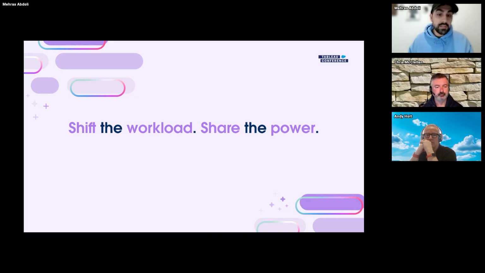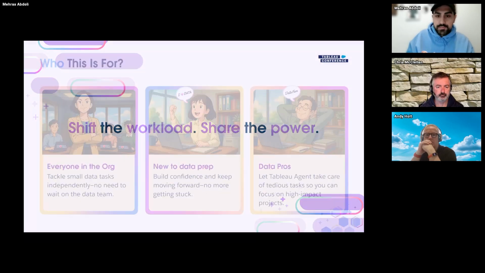Every single person on this call has the power of data, but with the load of requests and demands that your teams have, it's super difficult to catch up. So how do we share the power that we have and shift the workload to them? Obviously, all of this is not going to be possible, but can we start thinking about how to share some of that power and shift some of the workload?